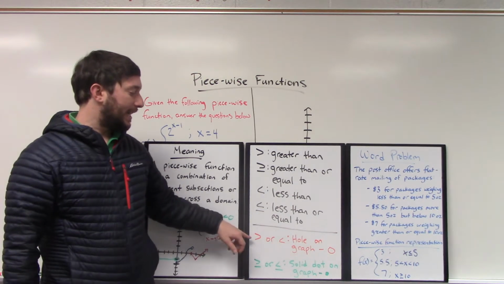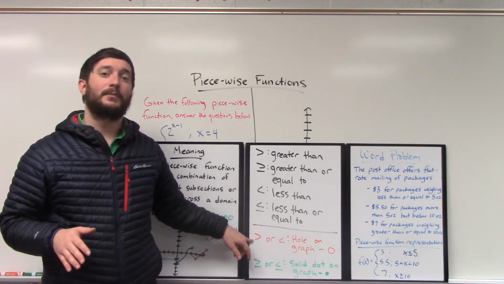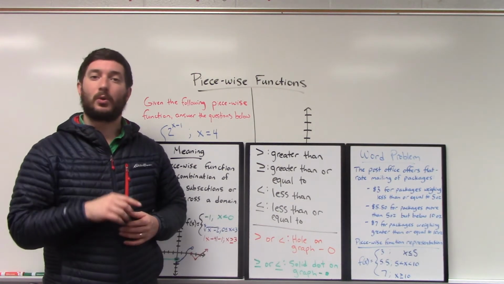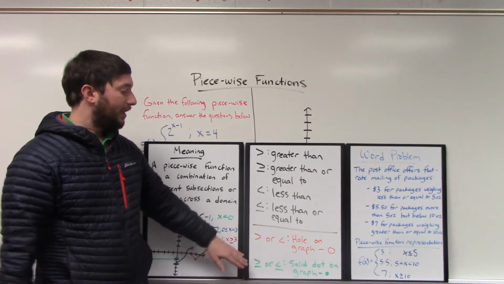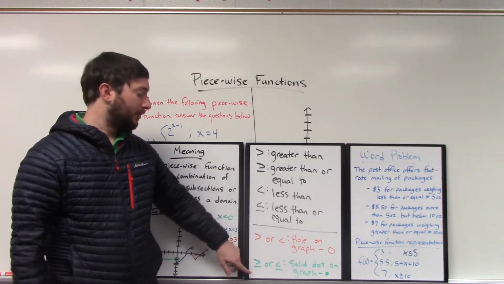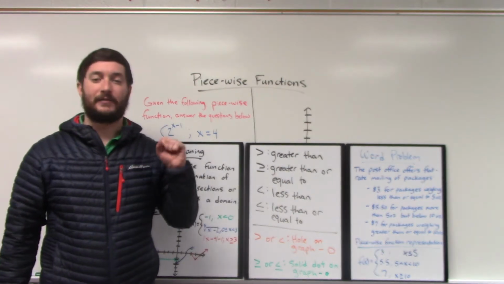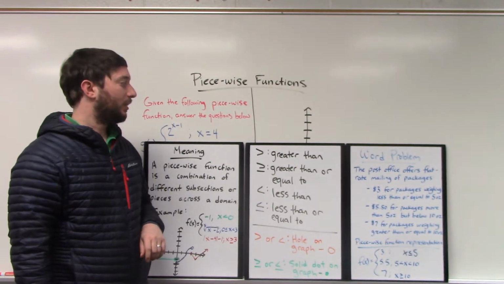If we have a graph that has a piece with a greater than or a less than symbol, that's going to end with a hole. We'll see what that looks like in a minute. And if we have something that has a greater than or equal to or less than or equal to symbol, where you have that solid line, that's going to be a solid dot on the graph at the edge of our puzzle piece where appropriate.